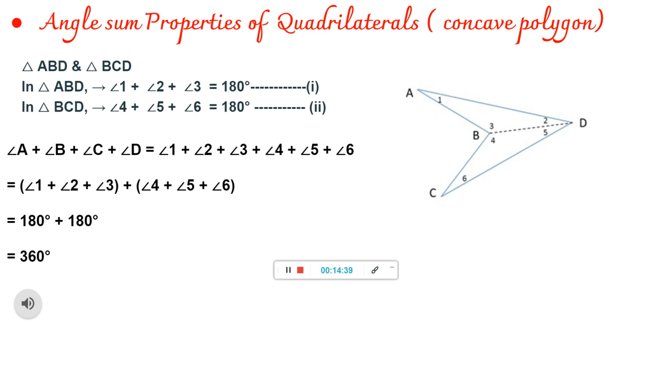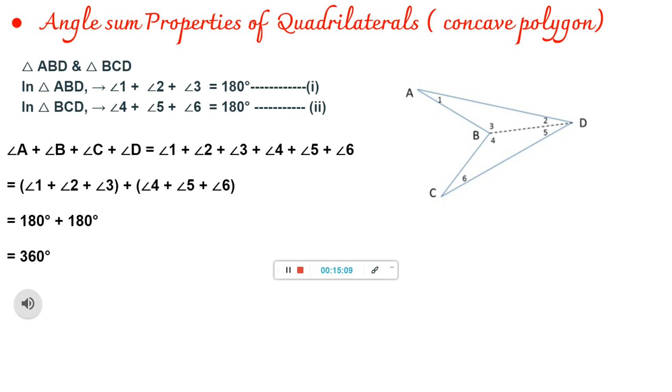And from here angle 1 is our angle A and angle 2 plus angle 4 would be angle B. Similarly, angle 3 plus angle 5 would be angle D and angle 6 is nothing but angle C, and this is equal to 360 degree. And this tells us that angle A plus angle B plus angle C plus angle D in case of a concave quadrilateral also is equal to 360 degree.